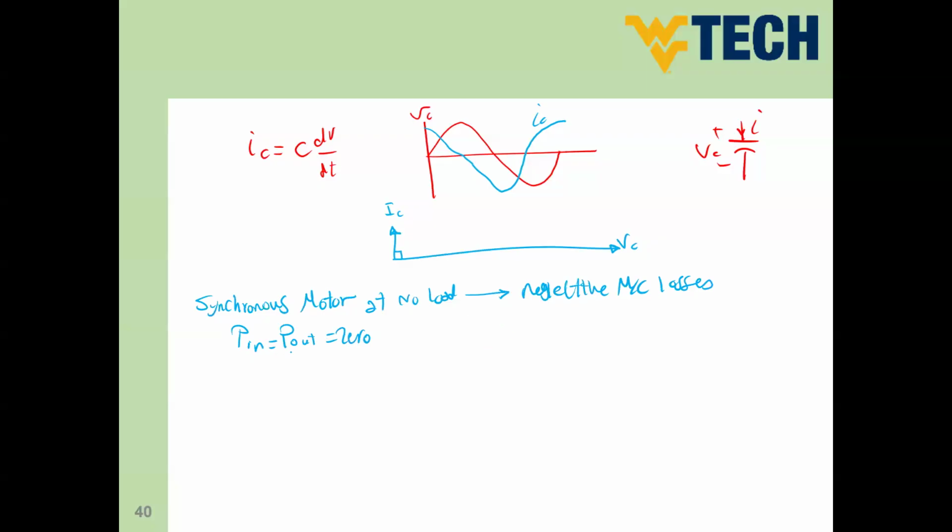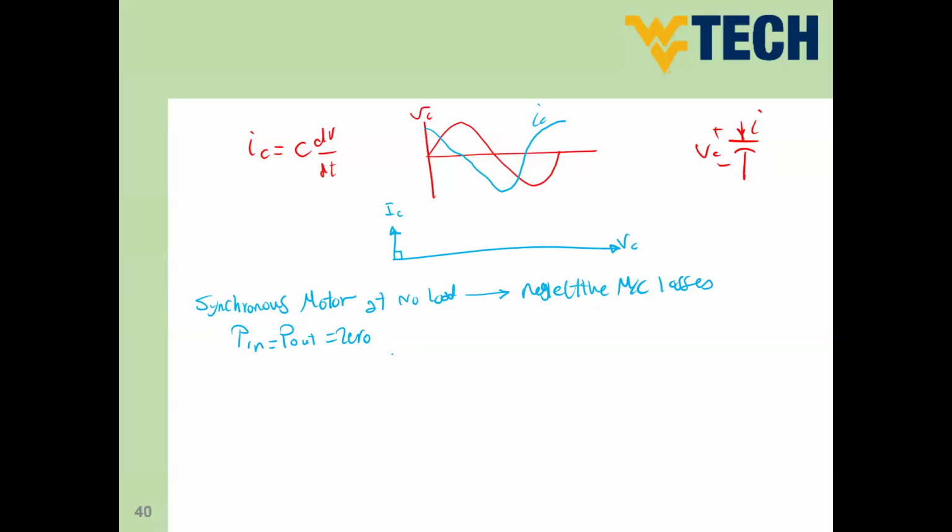So this is actually an ideal case. It's not a practical case because it's impossible to have 0 losses in a machine. But if we neglected the machine losses, in this case we can say that the input power equals 0. If so, and we operate the synchronous machine at overexcited case, increasing the excitation.